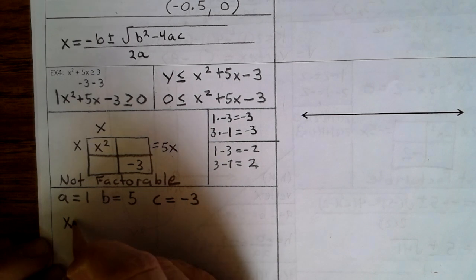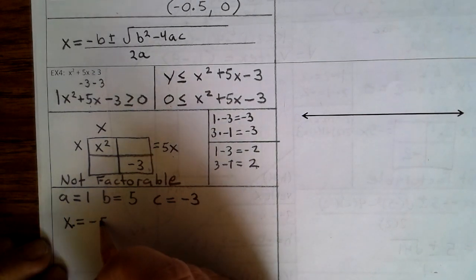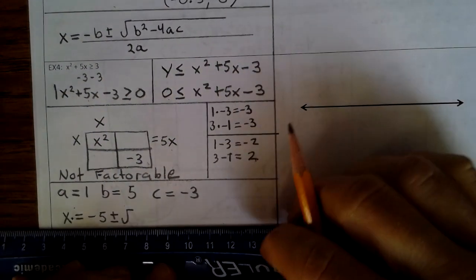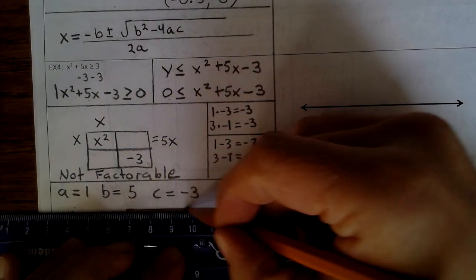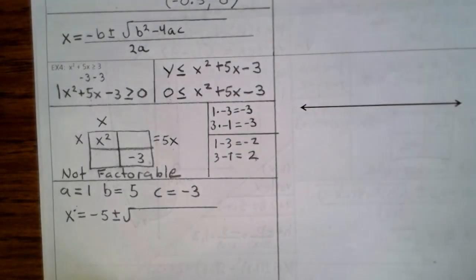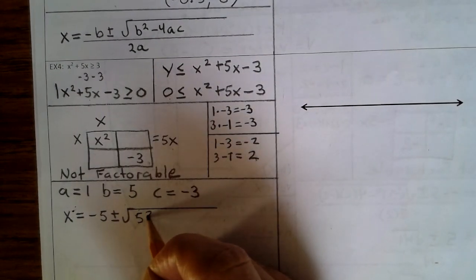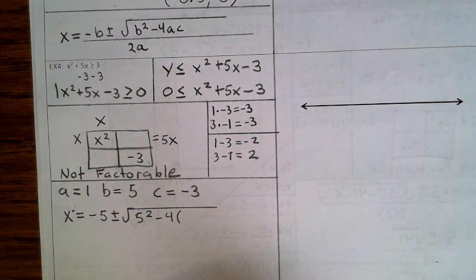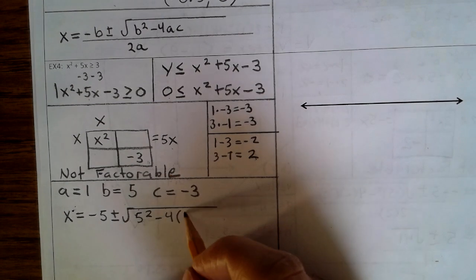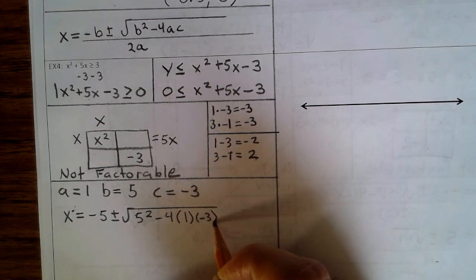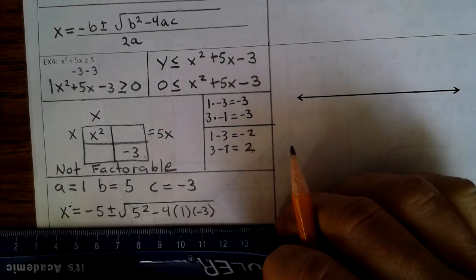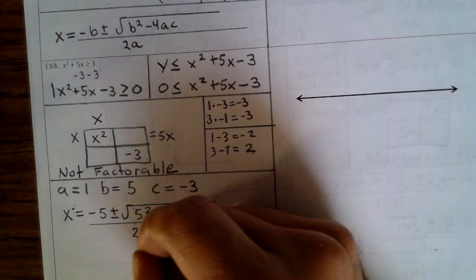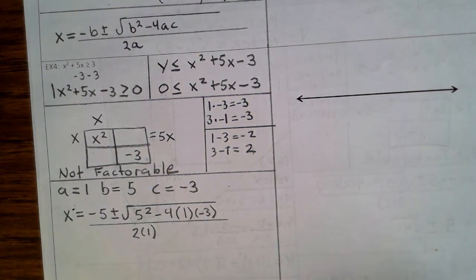So x equals negative 5 plus or minus the square root of 5 squared minus 4 times 1 times negative 3, divided by 2 times 1. Okay?